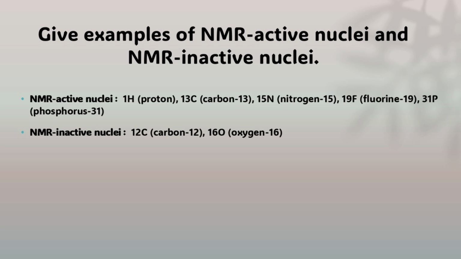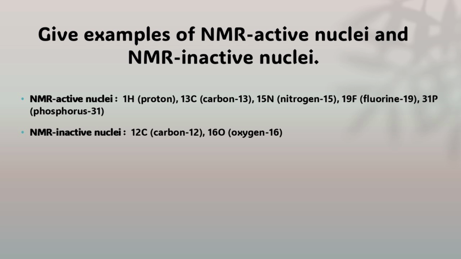The answer to this question is NMR active nuclei: proton or hydrogen nucleus or hydrogen atom, because its atomic number and mass number, both, are odd. C13 or carbon-13 is also NMR active. No doubt, its atomic number is even, but its mass number is odd. Similarly, N15, nitrogen-15, F19, fluorine-19, and P31, phosphorus-31, are the other examples of NMR active nuclei or atoms.